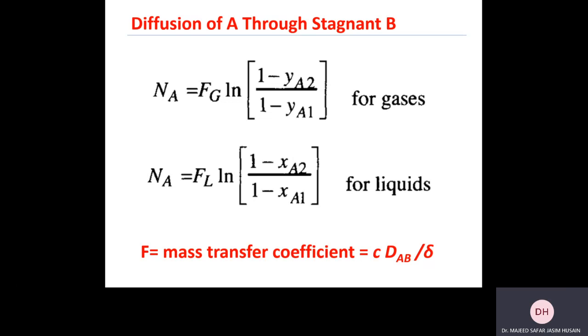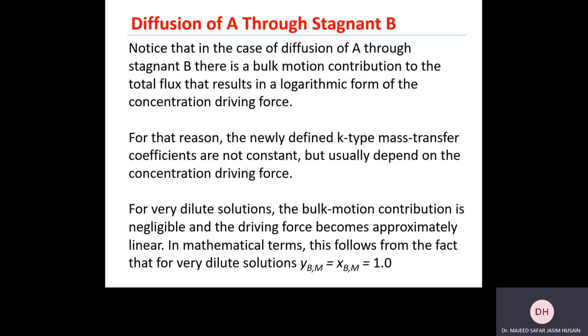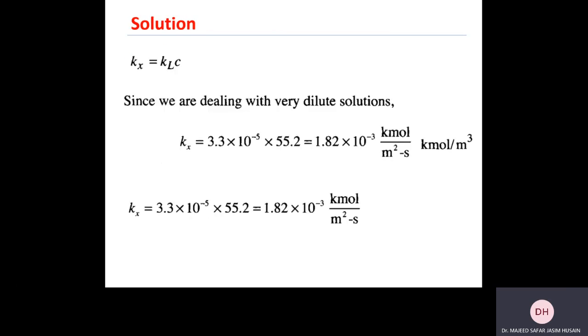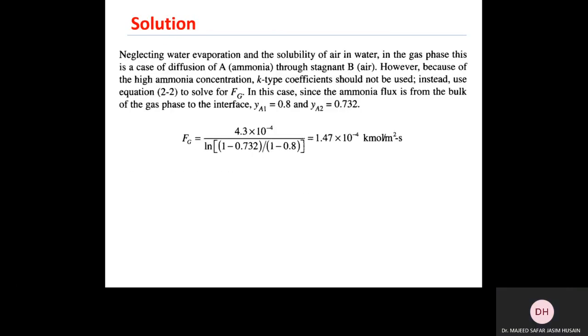The flux of the ammonia, which you called A, was given, and Ya2 and Ya1 for the ammonia also were given to you. So in that case, it's straightforward. But you should know which one is which. So if you do that, the Fg will be equal to 1.47 × 10⁻⁴ kilomole per meter square per second.